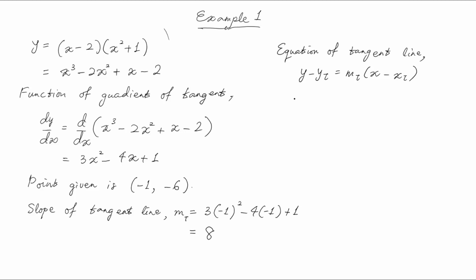You have everything, right? So yt is negative 6, so write it like this. It's going to be 8 times x minus negative 1. I'm going to simplify it here, and from all this it can be simplified into y equals 8x plus 2, and that is what we are looking for from this example.